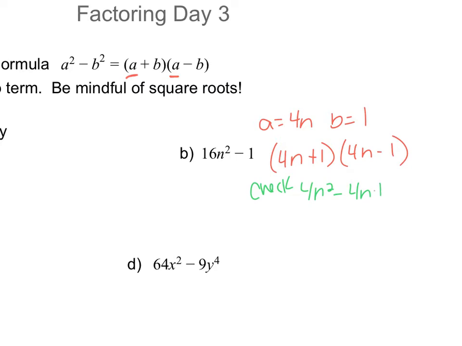Positive 1 times 4n is positive 4n. And 1 times negative 1 would be negative 1. As you notice, the terms in the middle cancel, so you have 16n squared minus 1. Yes, that's the original one we got. So check. It works.